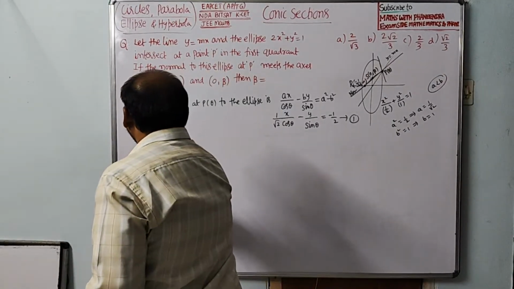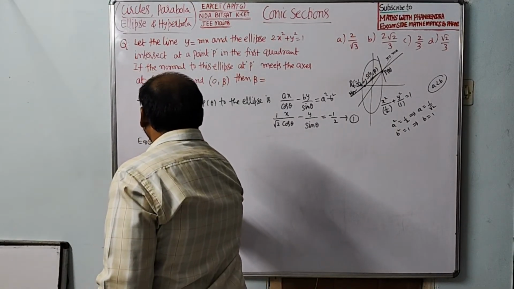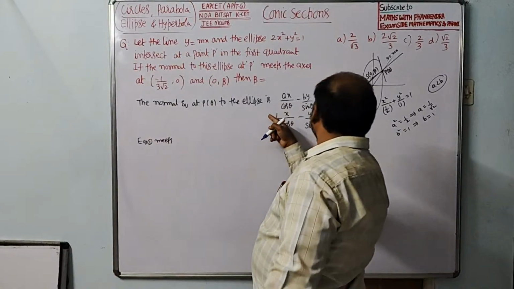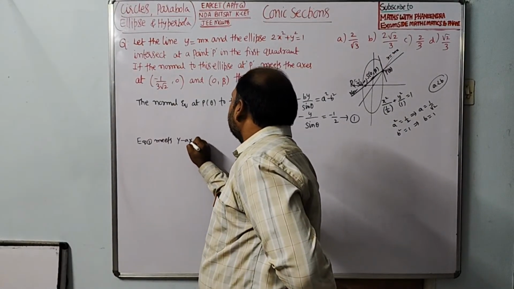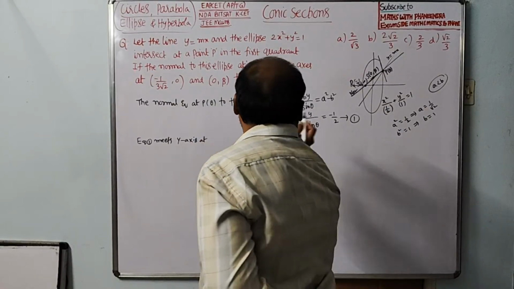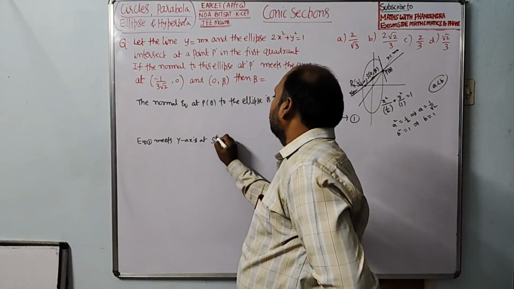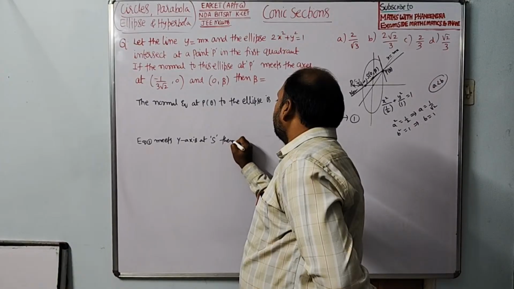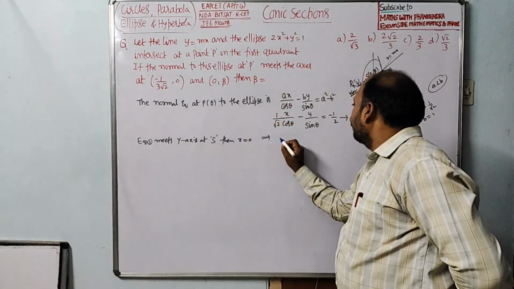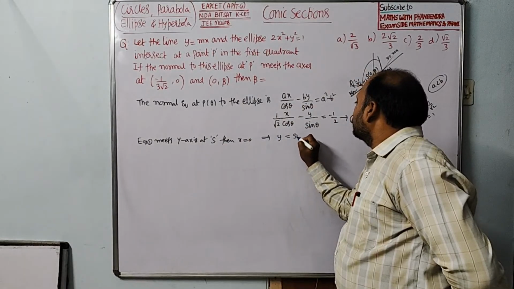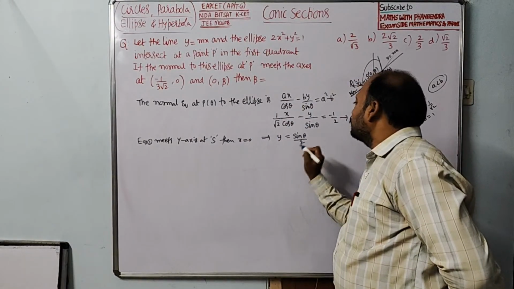Equation 1 is the normal equation. At S on the y-axis, x is equal to 0. So when x is equal to 0, y is equal to sin theta by 2, dear students.